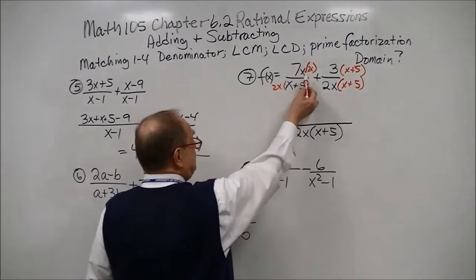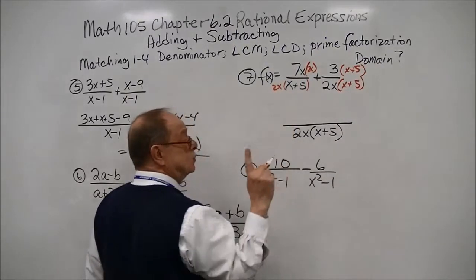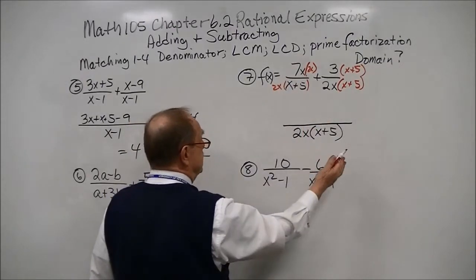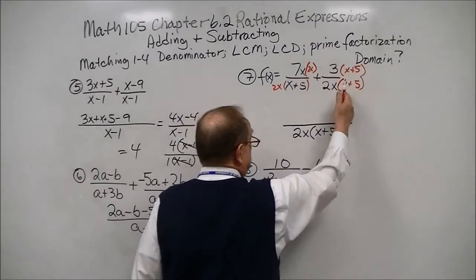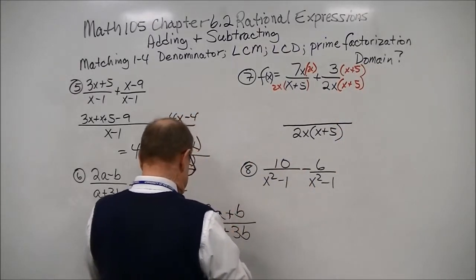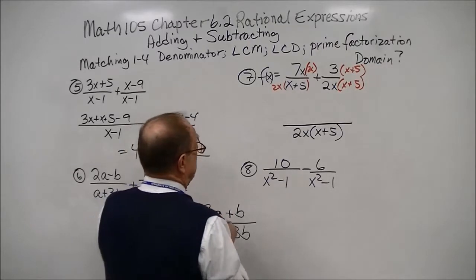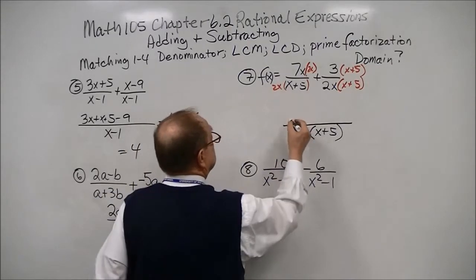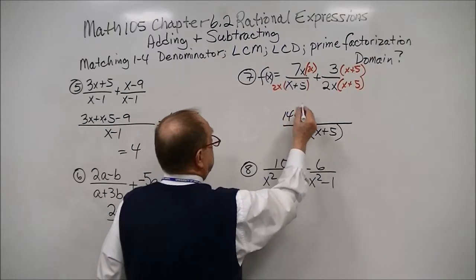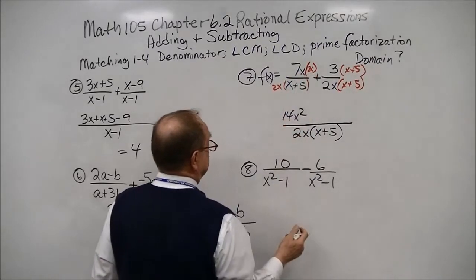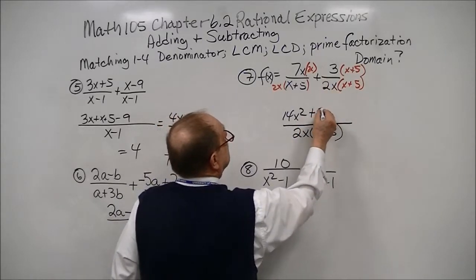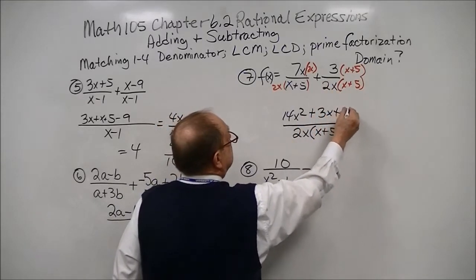Now remember, 2x over 2x is 1, and we are allowed to multiply anything by 1, as is x plus 5 over x plus 5. So now we do our multiplication, and we get 14x squared here, plus 3x plus 15.